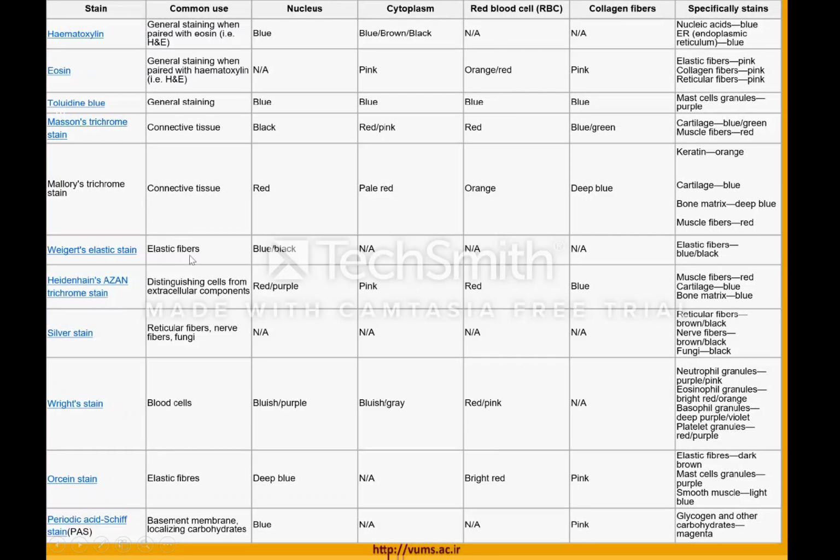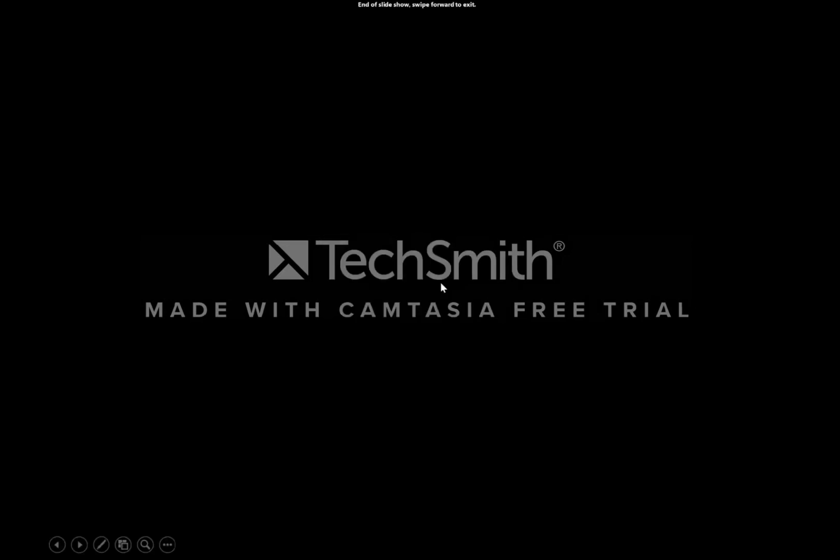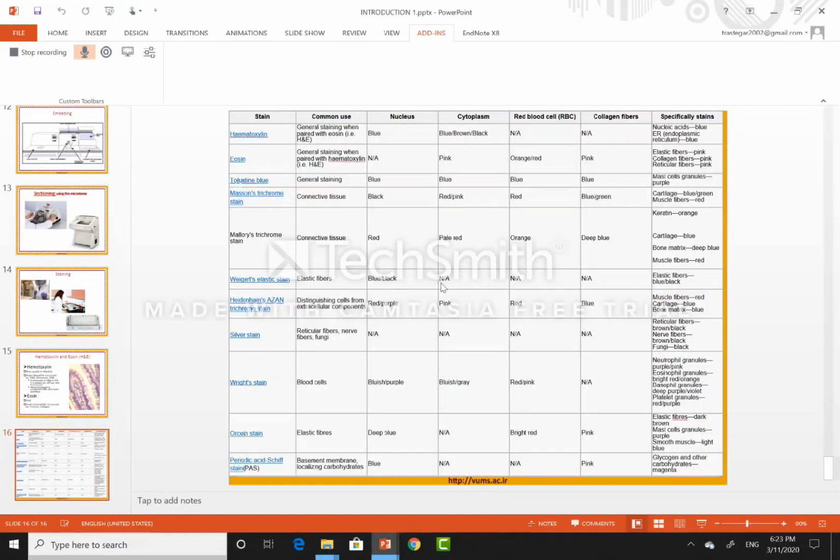Weigert is for elastic fibers, or reticular fibers, which are a type of collagen fiber stained by silver stain. Wright is for blood cells, and Orstein is for staining done in different laboratories. All of them are special stains that are done with special procedures.